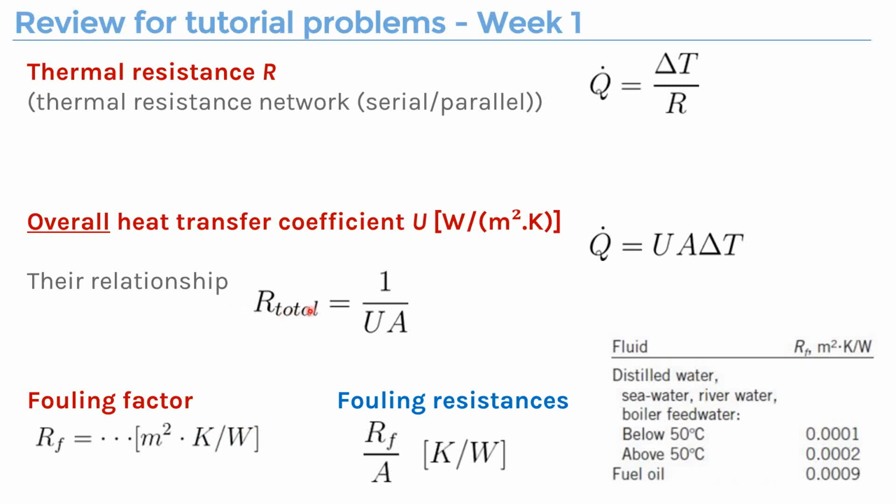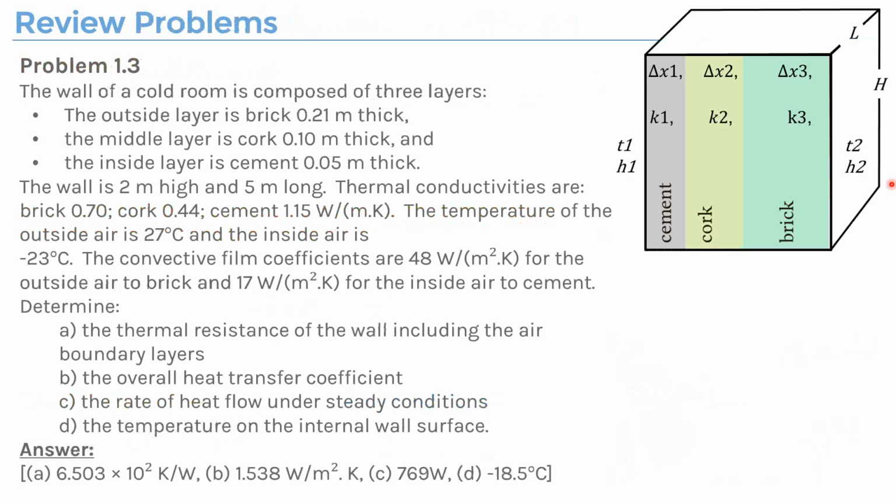The resistance unit is Kelvin per watt if you use delta T divided by Q dot. So to find the resistance of the fouling part, you divide this by its area. Then you can use this in the calculation of the total resistance. So that's the thing I need to introduce for the practice.